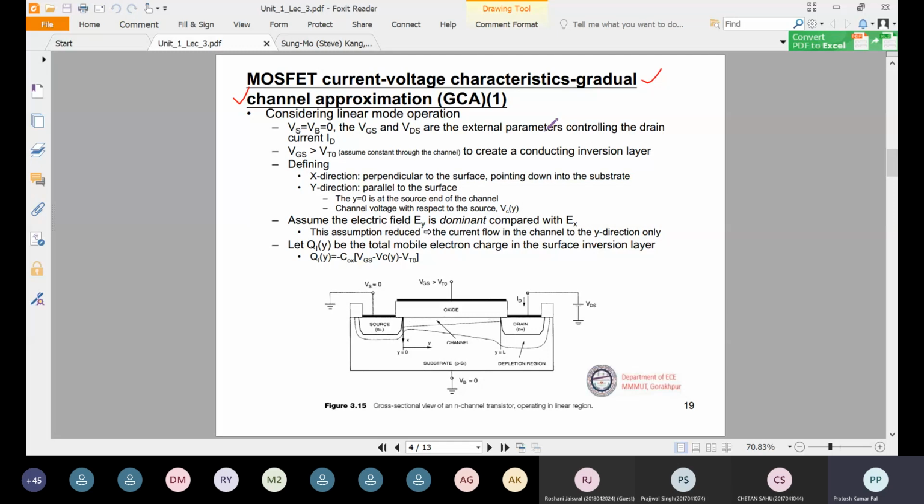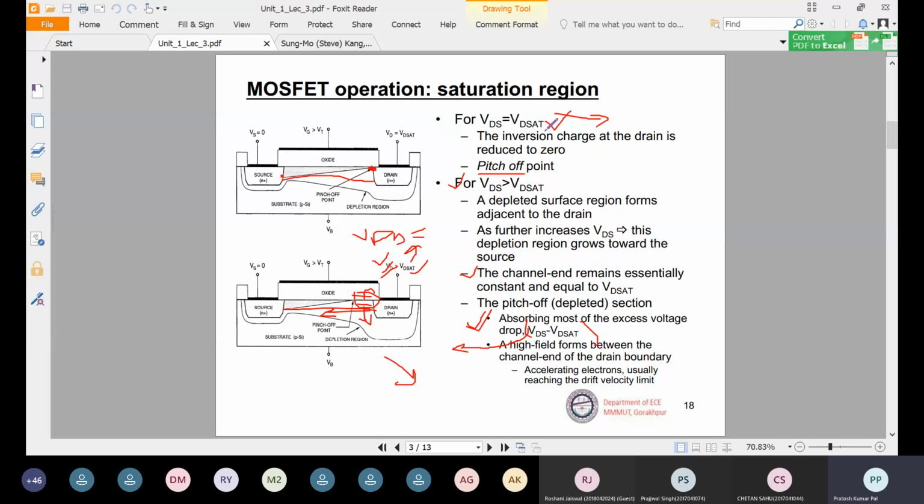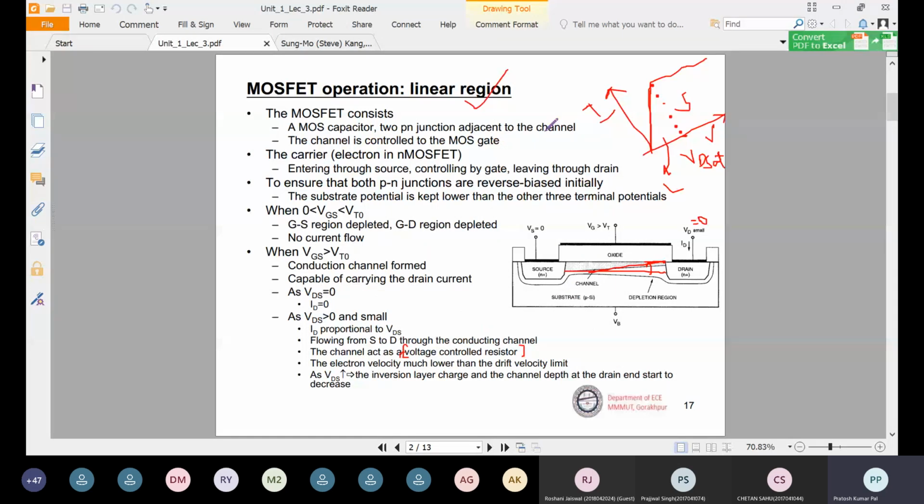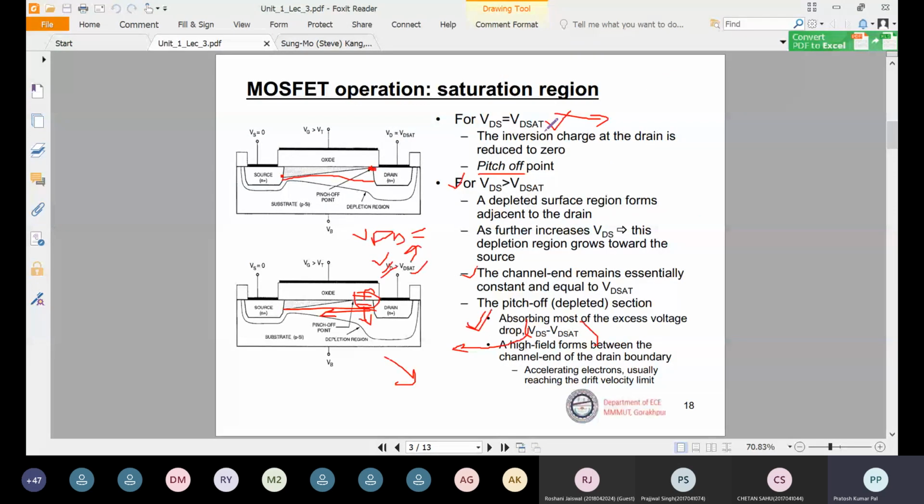So we will be moving towards the next topic, that is gradual channel approximation. In the previous class, we went through the different operating modes of the MOSFET: linear, saturation, and even the cutoff region.